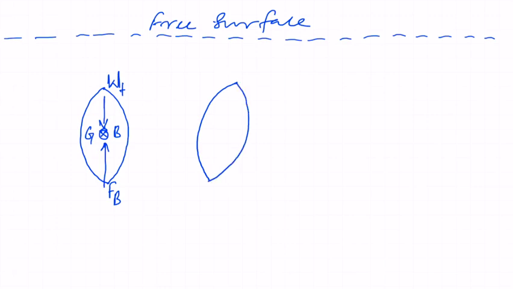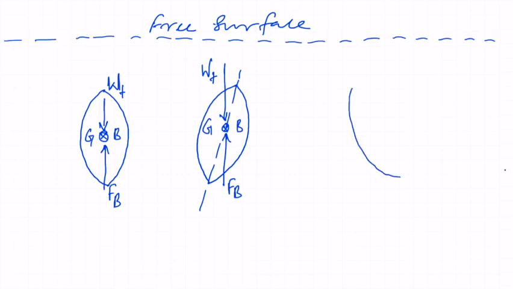So as you can imagine, if the body tilts to the clockwise position, the forces will still be acting at the same point, and therefore they will cancel each other. And because there is no distance between the line of action of the two forces, there will be no moment created regardless of which direction the body tilts, whether it's clockwise or counterclockwise.